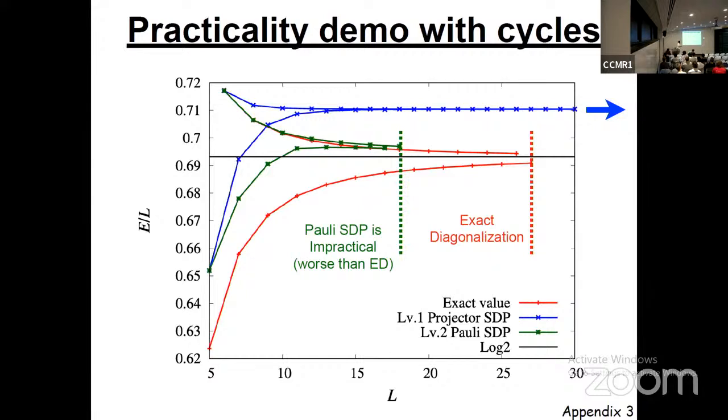Whereas with our SDP, we can probe much, much larger system sizes, which is the requirement in order to use it for anything like computational physics. With the previous approaches, people weren't able to really do computational physics at all, but our hierarchy allows you to do that.